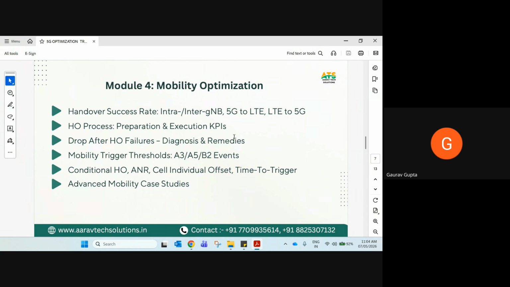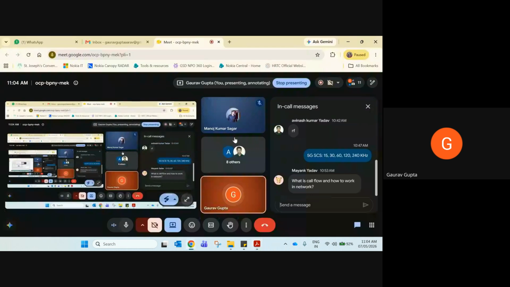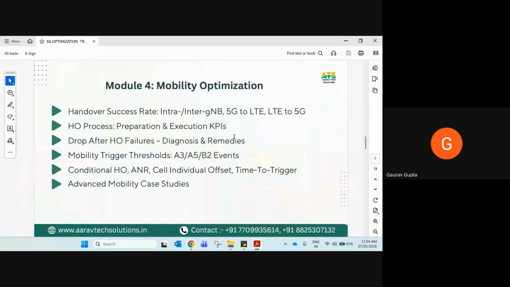So how this completes from party A to party B, this is what the call flow is all about. As an RF engineer, you are expected to be thorough in the call flow. That is call flow in simple words, no fancy words.